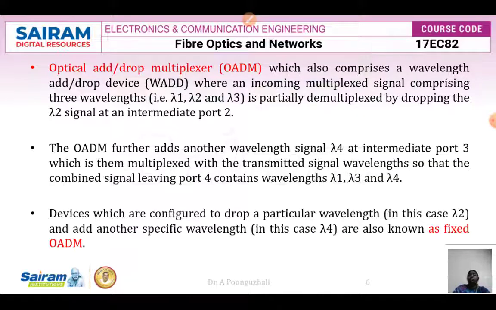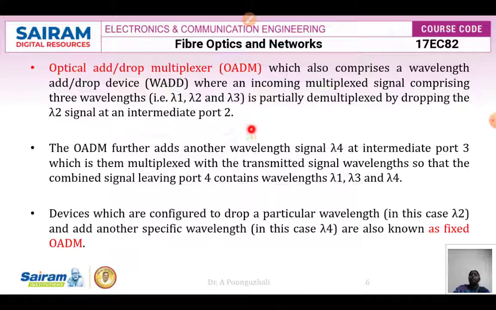Here, the optical add or drop multiplexer is also going to comprise a wavelength add or drop device. We are going to have an incoming multiplexed signal comprising 3 wavelengths, lambda 1, lambda 2, lambda 3, and this is going to be demultiplexed by dropping the lambda 2 signal at an intermediate port 2.